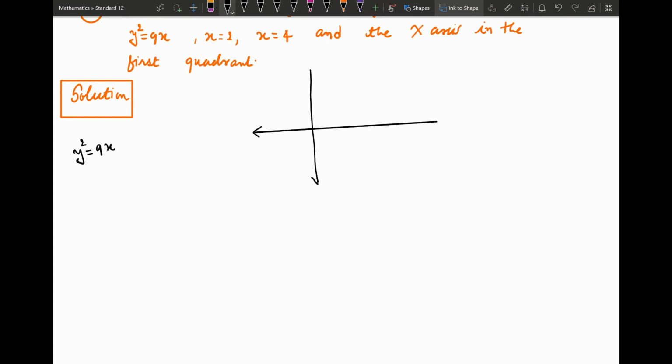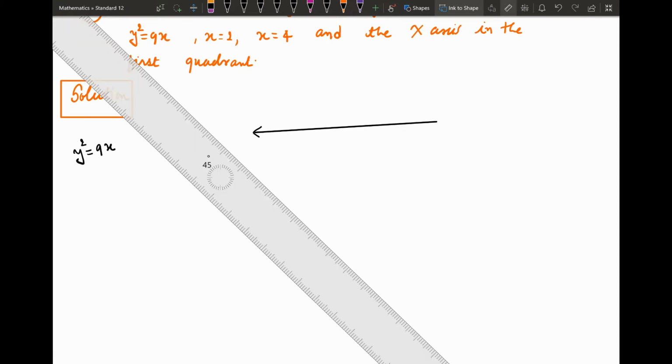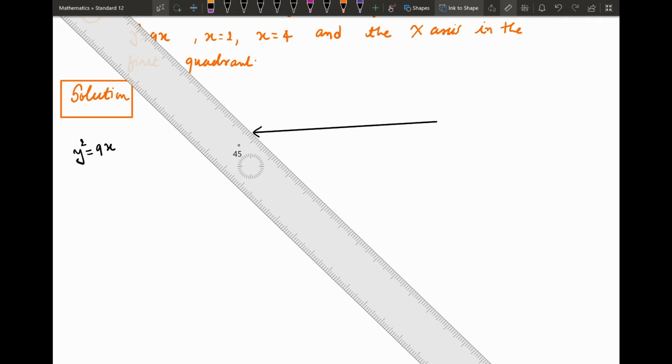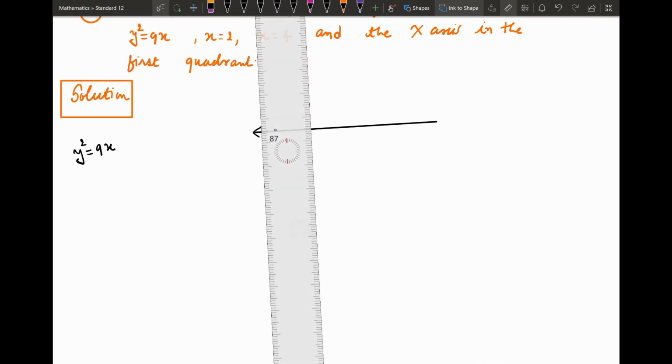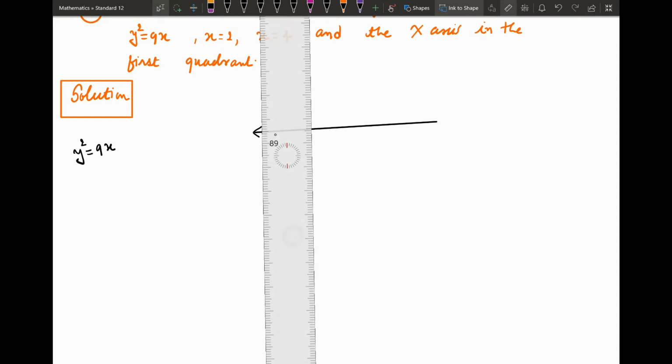Y square is always positive, so x is always positive. X positive, that means the curve lies in the first and second quadrant. Y square equal to 9x.